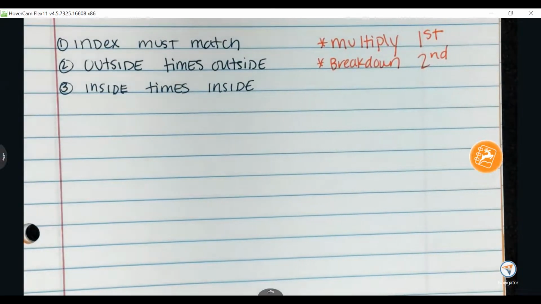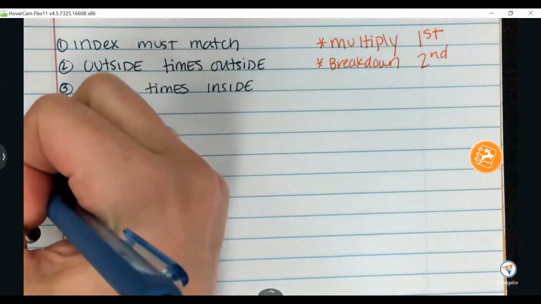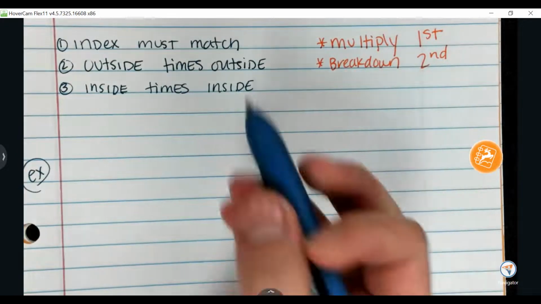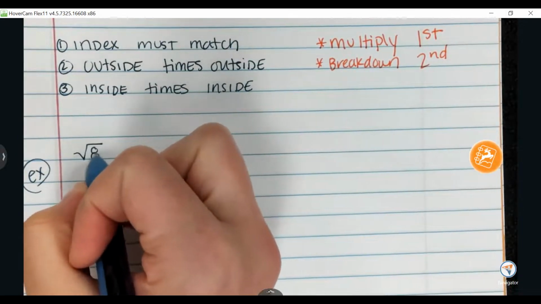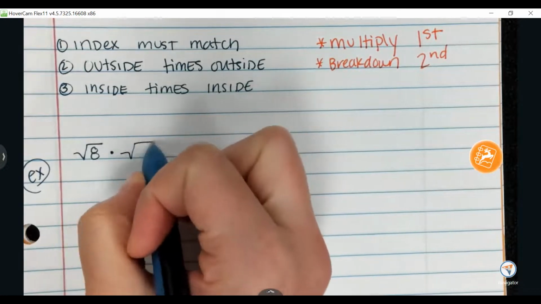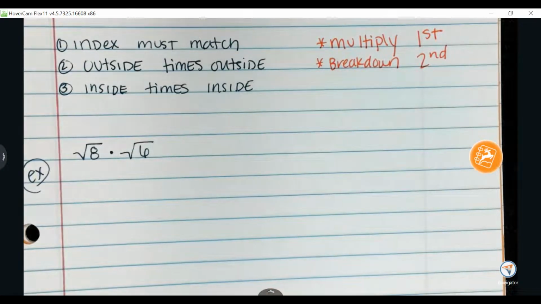All right, so example number 1 is going to say square root of 8 times square root of 6. The only thing I really have to check is, do they have the same index? Yes.